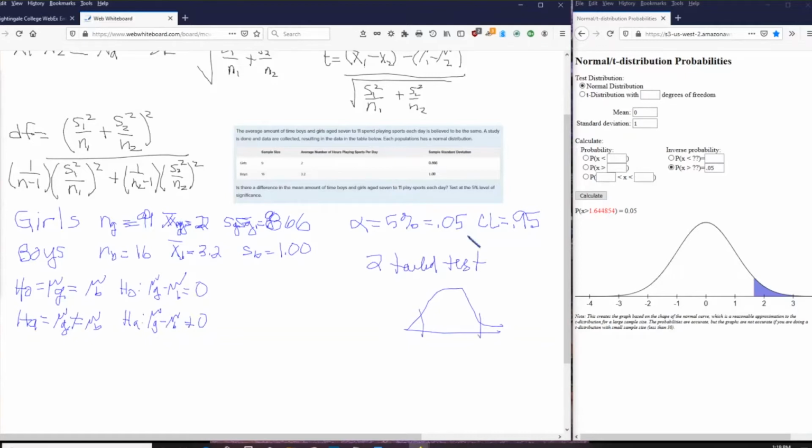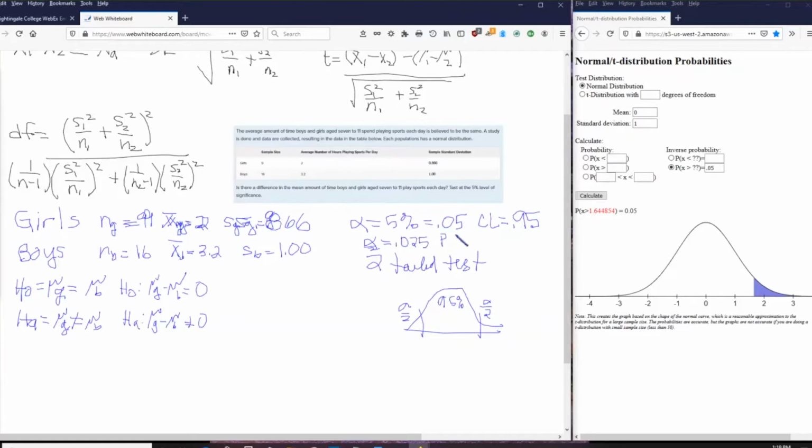So when I'm figuring out my alpha, it's going to be actually alpha over 2. This is 95%, and then this is alpha over 2. So alpha over 2 is 0.025.